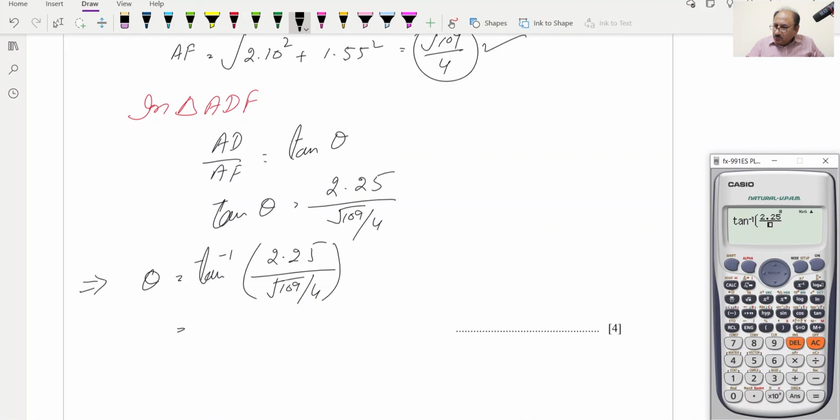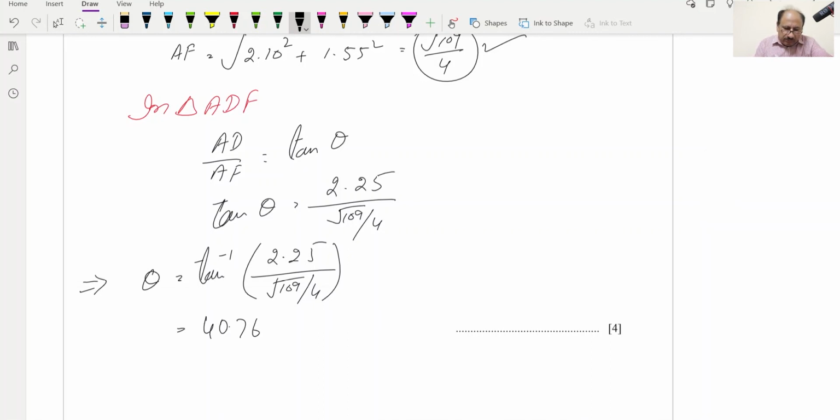Basically we need to take the fraction under the fraction first, and then write 109 over 4, and close the bracket, and this is equal to 40.76. So 40.76 will be our final answer for this 4-mark question.